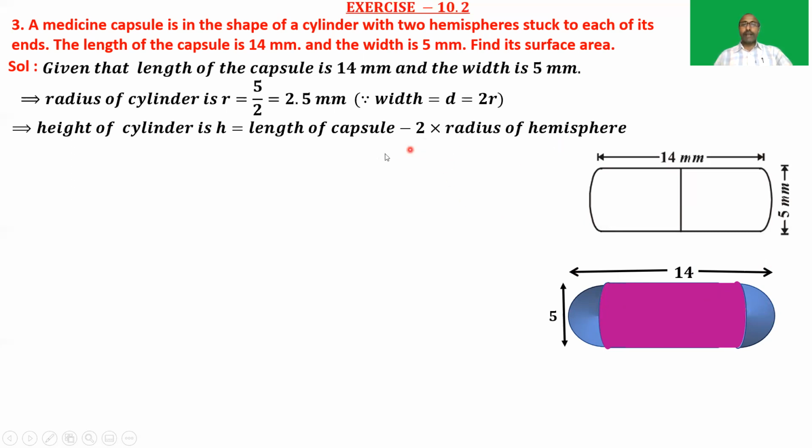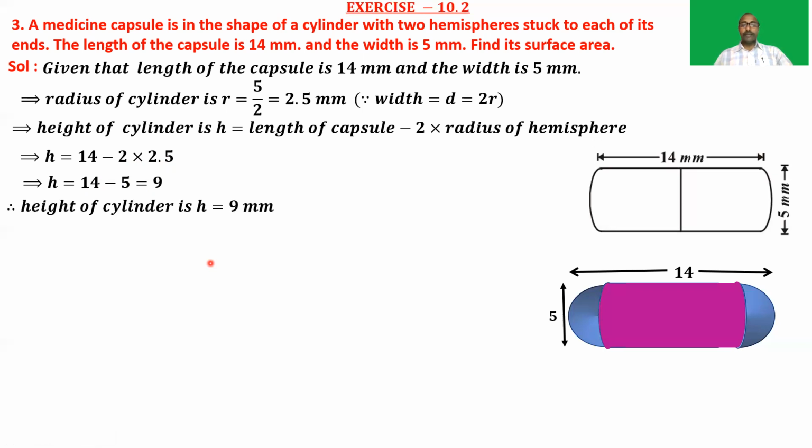So here we have the length of the capsule is 14 millimeters and the radius of the hemisphere is 5 by 2. So the height of the cylinder is 14 minus twice the radius, that is 2 into 2.5. And from this we can write 14 minus 5, which is equal to 9. So the height of the cylinder is 9 millimeters.